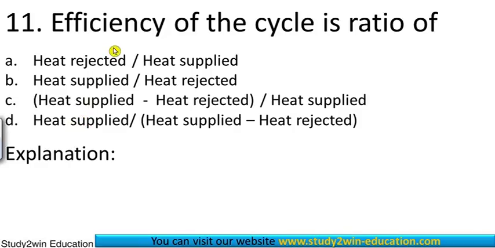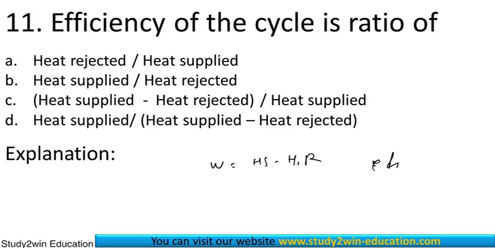Question number 11. Efficiency of a cycle is the ratio of what? A heat cycle always has heat input and heat rejected, and something in between is work. So the relation for efficiency is heat supplied minus heat rejected divided by heat supplied, and work is nothing but heat supplied minus heat rejected.